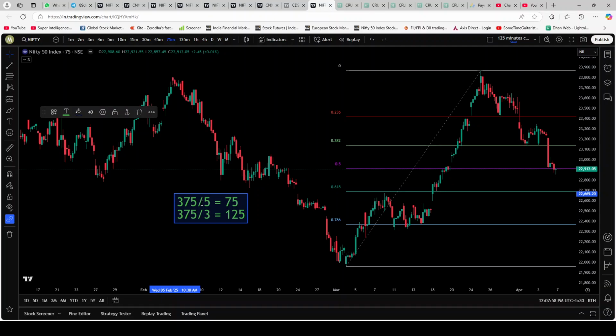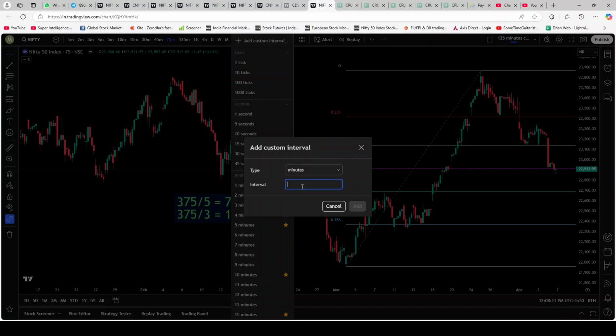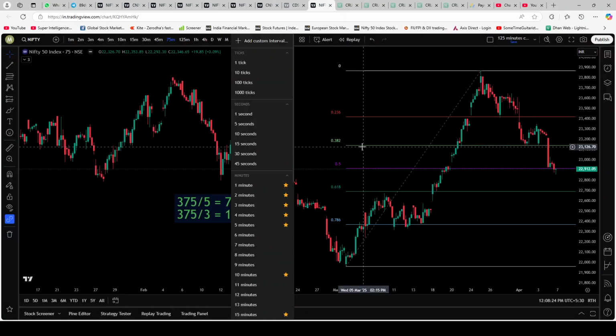Also, suppose now you want to do 2 candles a day. If you divide 375 by 2, you get 187.5. You can't add a custom level. When you say minutes, you can't add 187.5. That 0.5, it tells you it cannot do. You can't add decimals. All right, so it has to be a round figure.